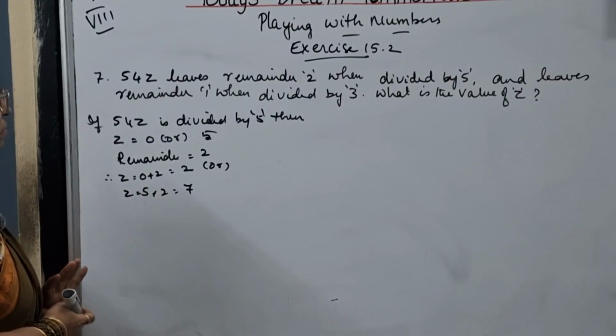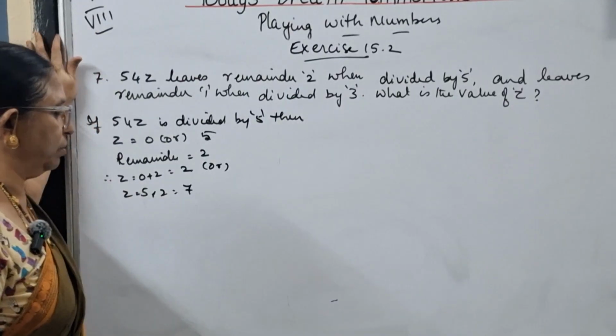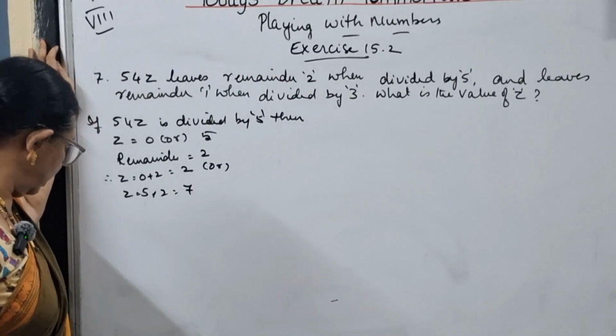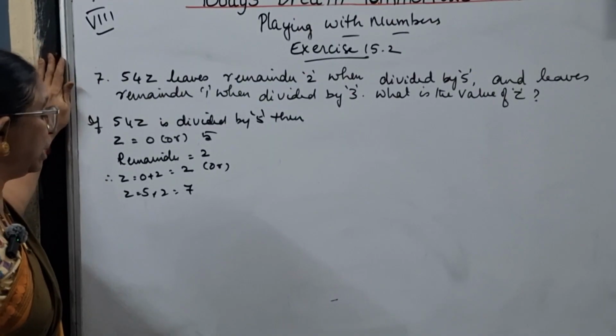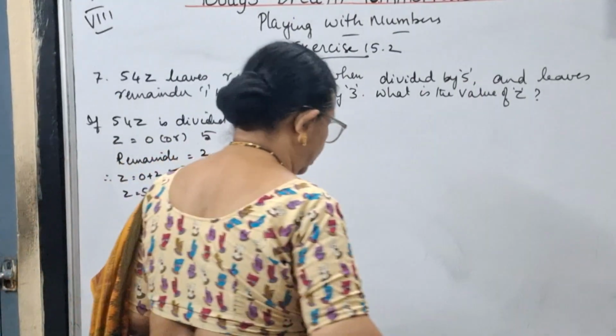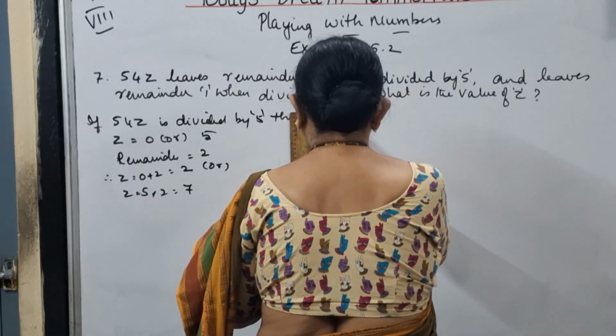But in this case, children, he is not only talking about the number divided by 5, but also there is another condition given, divided by 3. So, let me talk about division by 3.